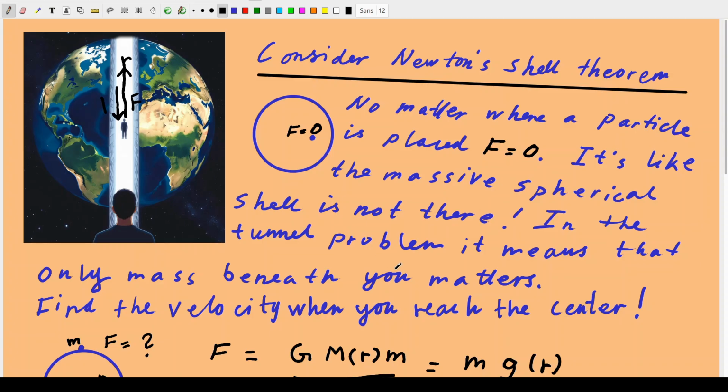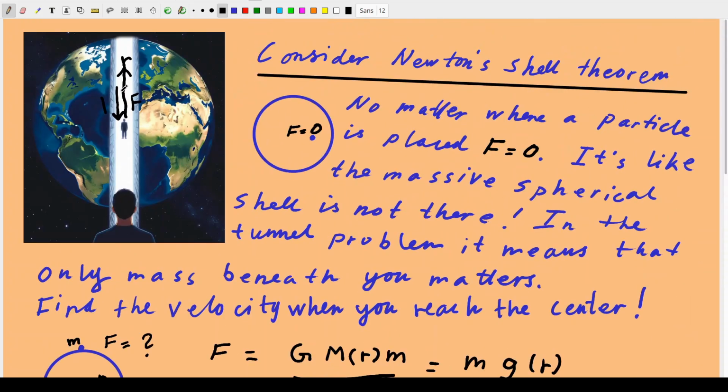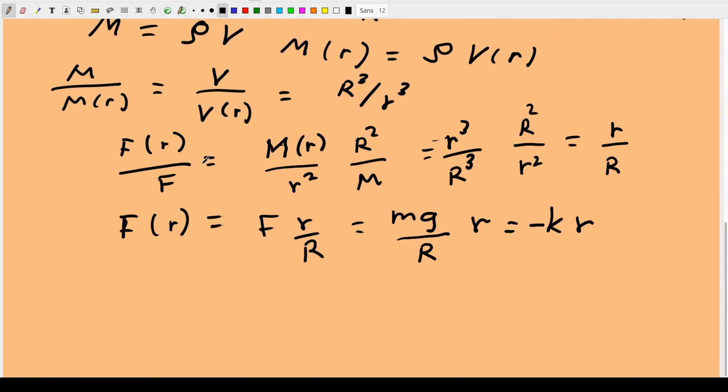So there must be a sign change here: minus. The force in the r direction is in the other way. All right, that's what it must be. So this looks like the spring equation. What we usually get, something like this, kx, it's exactly the same.